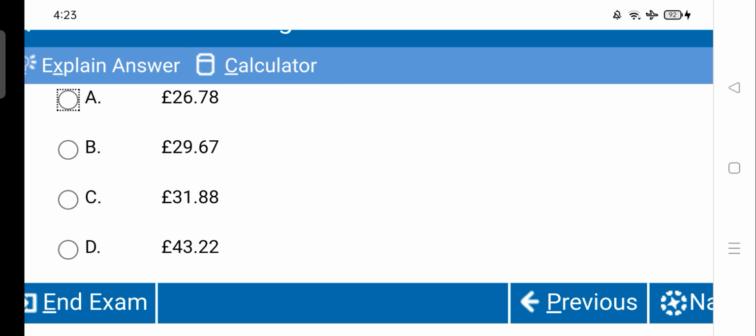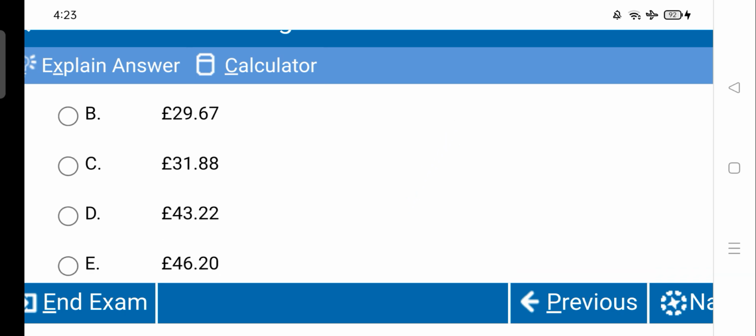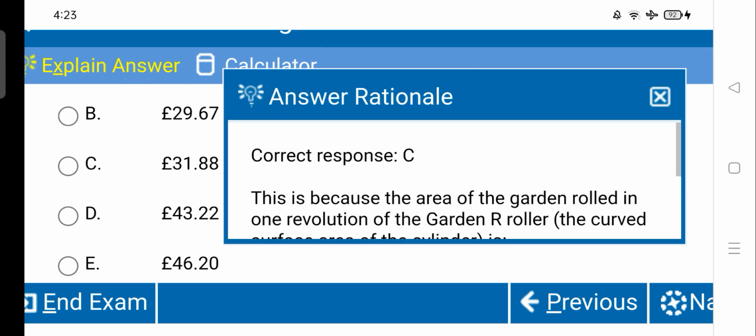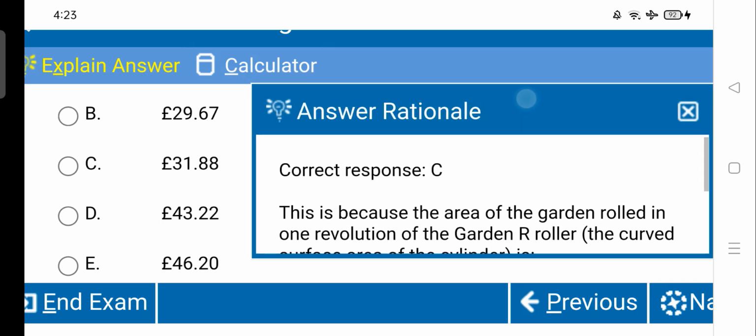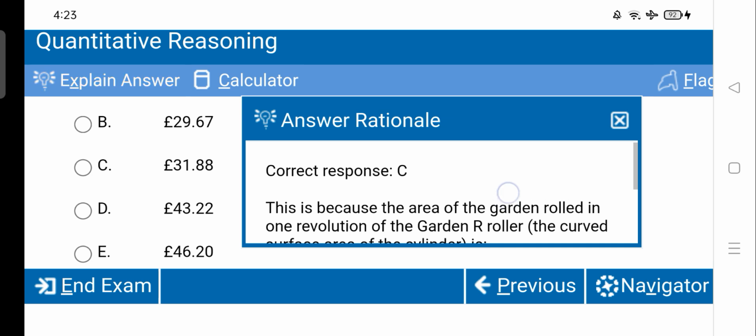Then we have option D, which is 43.22 pounds. Option E is 46.20 pounds. So let's see which one is the correct option. The correct response is option C.